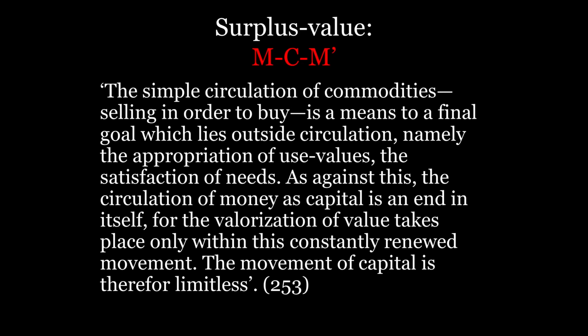So that would be the other formula, CMC. You're selling a commodity in order to buy another commodity to satisfy your needs. As against this, the circulation of money as capital is an end in itself, for the valorization of value takes place only within this constantly renewed movement. The movement of capital is therefore limitless.